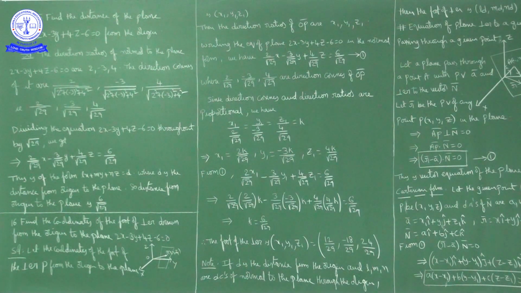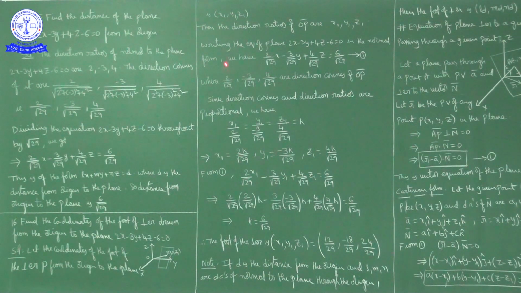Now if you observe here, P is a point x1, y1, z1, O is origin 0, 0, 0. Now what we know, point minus point always gives direction ratios. Direction ratios of OP bar are x1 minus 0, y1 minus 0 and z1 minus 0, nothing but x1, y1, z1.